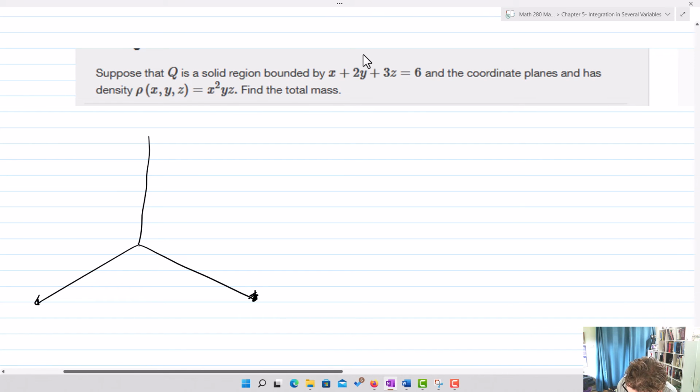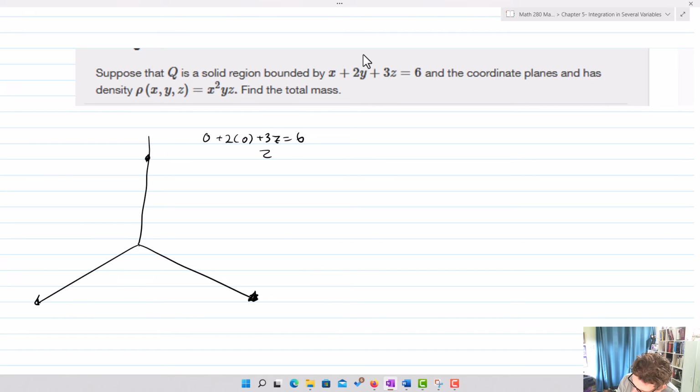We'll first start out with x and y equal to 0. So 0 plus 2 times 0 plus 3z equals 6, which means z is going to equal 2. So this point right here is going to be 0, 0, 2, and that's one of our vertices.